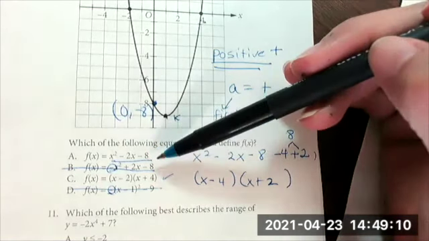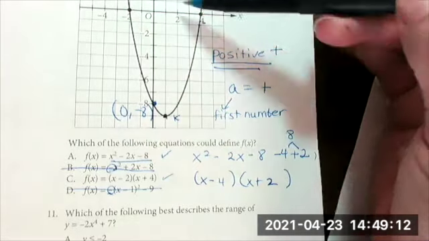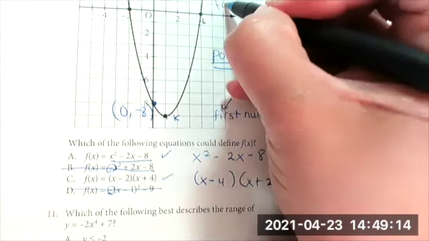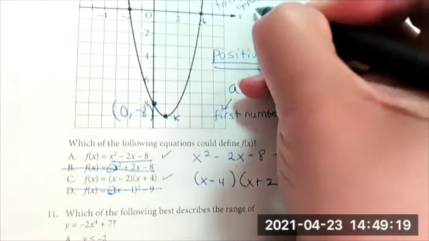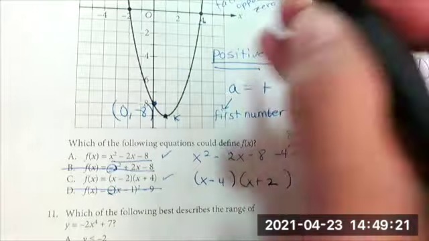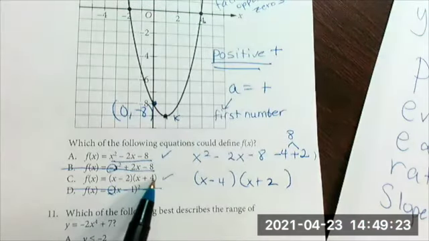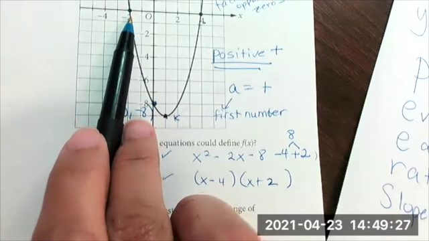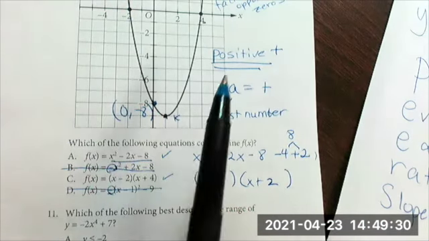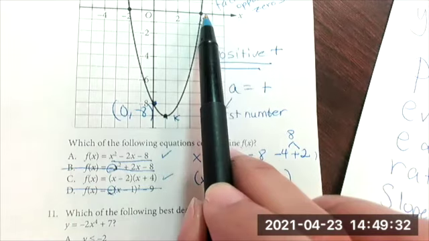So the last thing I can do is check my factors. When you are looking at your factors, they are the opposite of your zeros. So these are your factors in the bottom, and these are your zeros. The opposite of -2 and the opposite of +4.